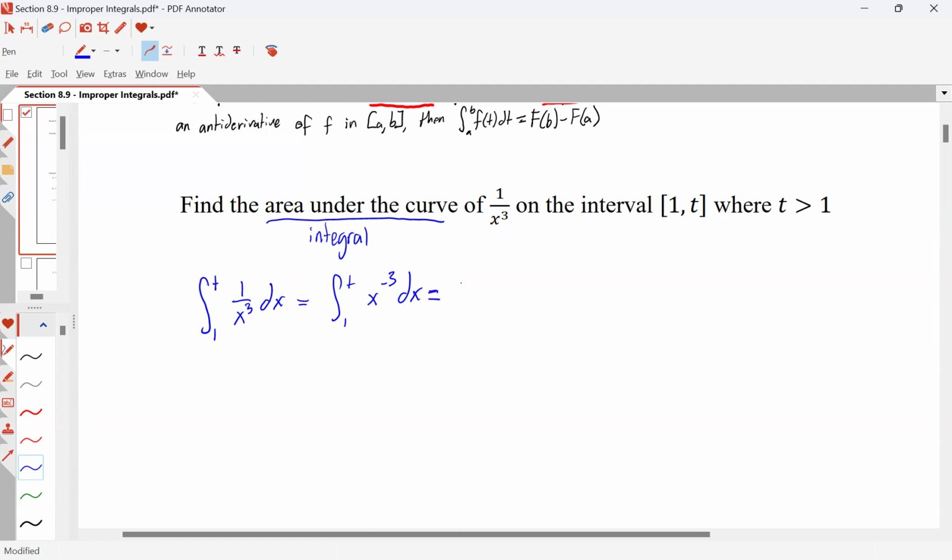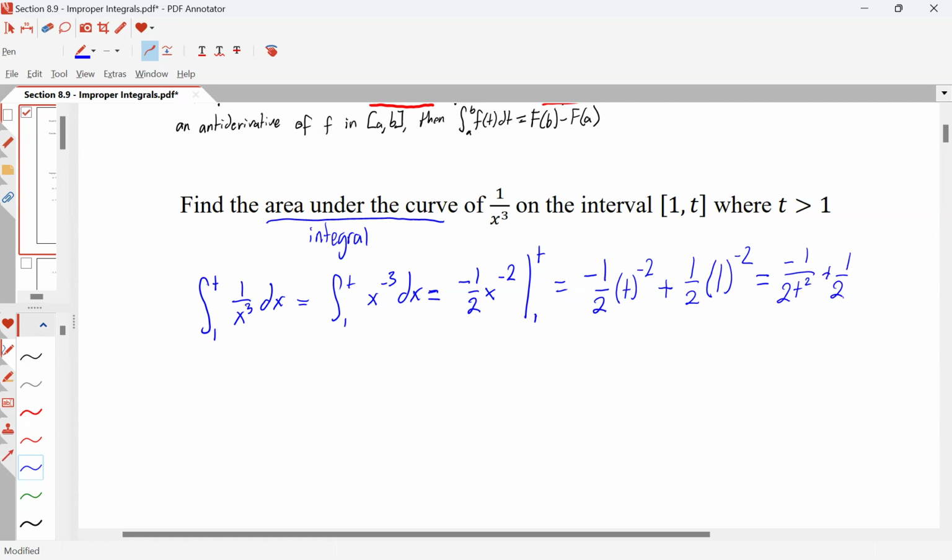Evaluating that integral, it is negative 1/2 x to the negative 2 from 1 to t, plugging in the bounds by our fundamental theorem of calculus. We have t to the negative 2 minus negative 1/2 times 1 to the negative 2. With some algebra simplifications, this becomes negative 1 over 2t squared plus 1/2.